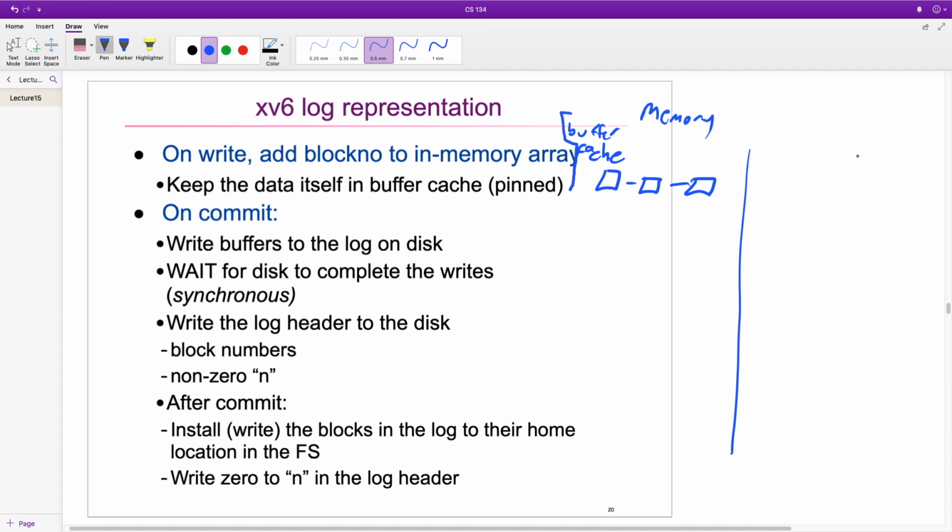We have our log information in memory. This is our log info. Our log info consists of the number of blocks that we've logged plus block number 1 all the way to block number n.